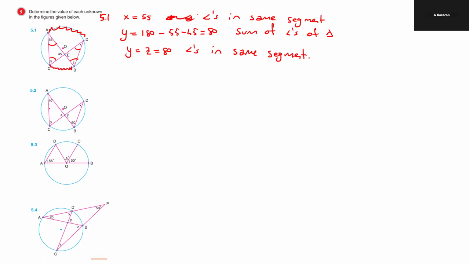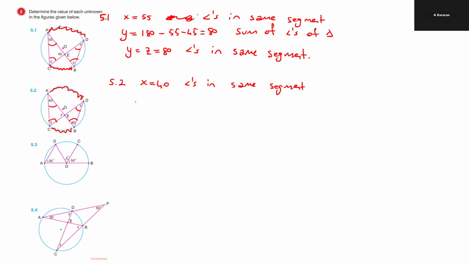Same questions, very similar question. 40 is subtended by BC. X is subtended by the same arc. So 5.2, X will be equal to 40, angles in same segment. After you get 80, like 60 is subtended by this arc here.